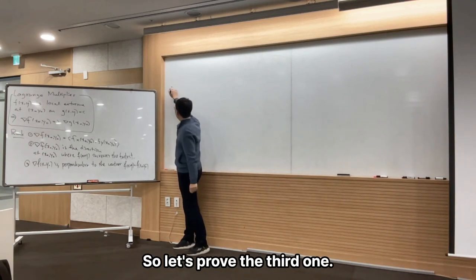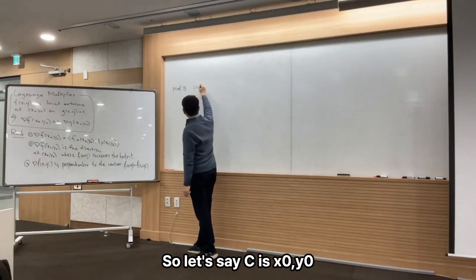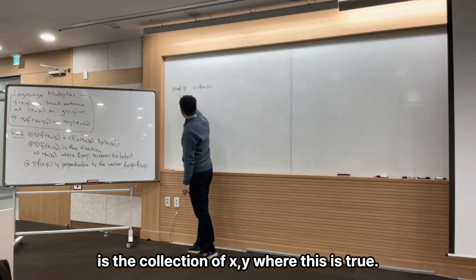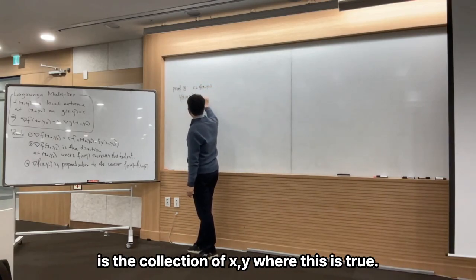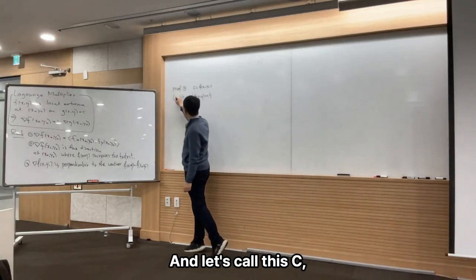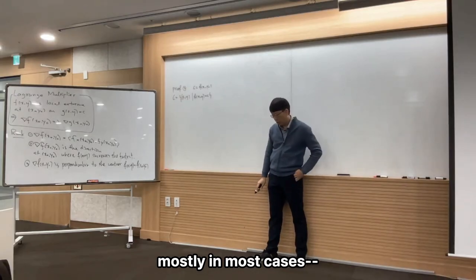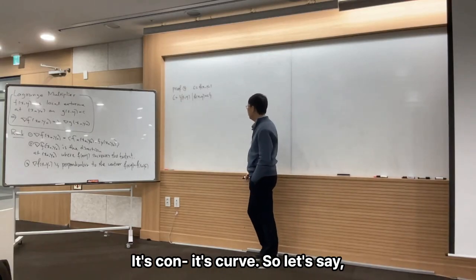So let's prove the third one. What is the contour line? It is the collection of (x, y) where this is true. Let's call it C, because in most cases it's a curve.